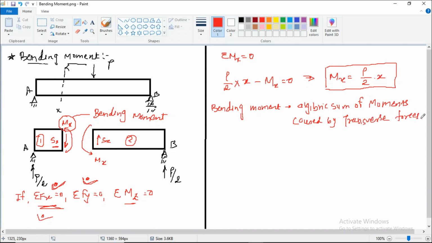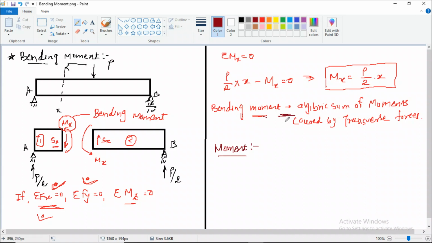So basically you hear these two words very frequently, bending moment, and another terminology, moment. So what is the difference between these two, bending moment and a moment? Bending moment at a section cannot be confused with the moment at a point, because bending moment is a summation of moments due to transverse forces either from left hand side or from right hand side, which we already discussed.